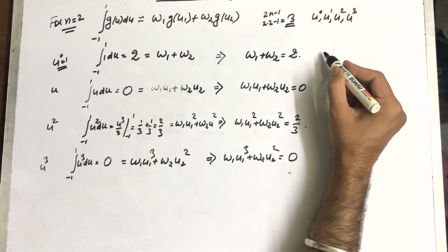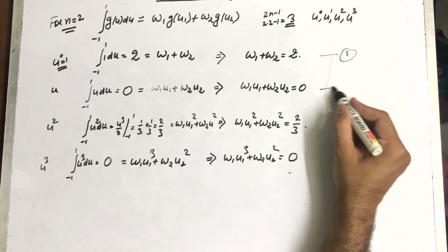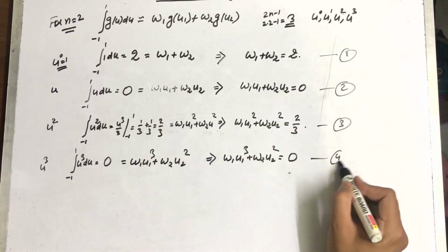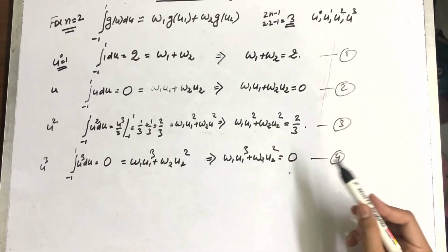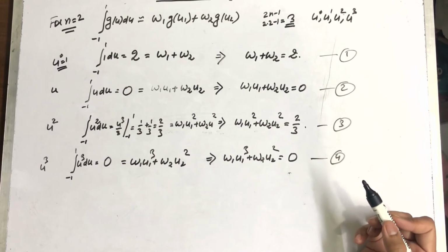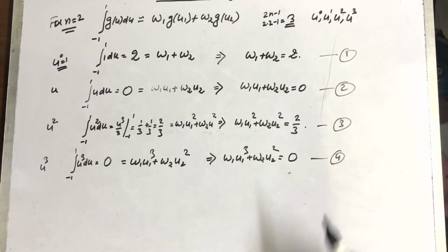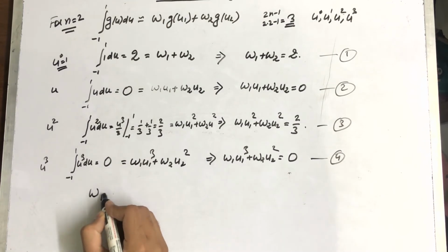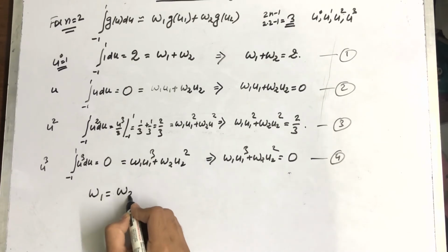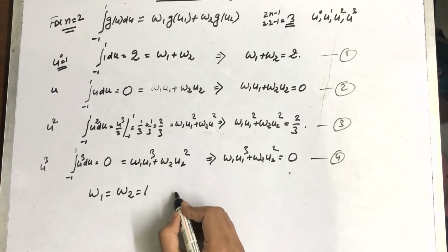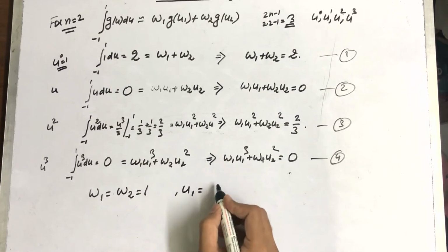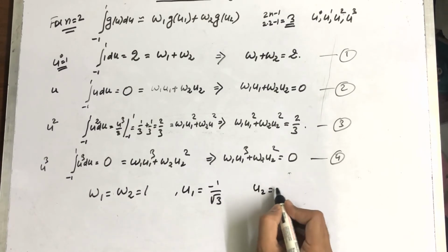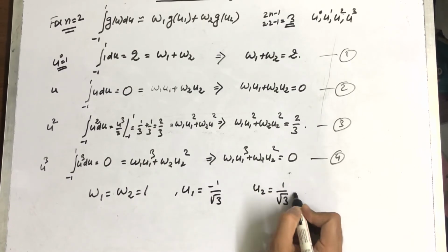So we have 4 equations, number 1, number 2, number 3, number 4. So we have 4 unknowns and 4 equations. And let me write the answers here. After solving 1, 2, 3, 4, we get w1 is equal to w2 is equal to 1 and u1 is equal to minus 1 by root 3, u2 is equal to 1 by root 3.